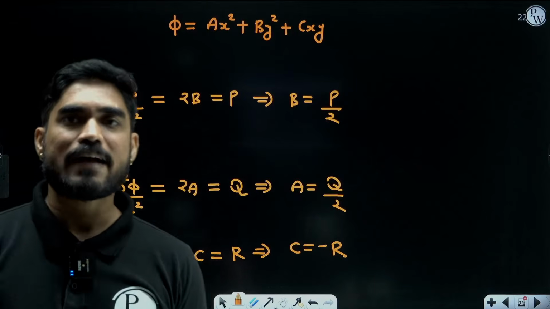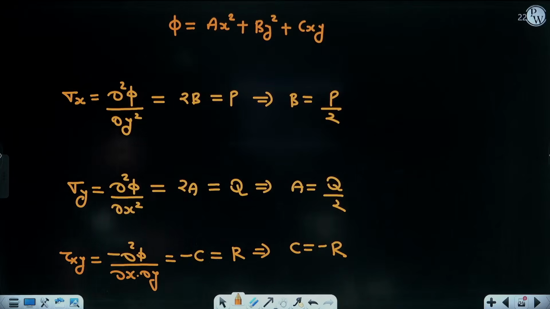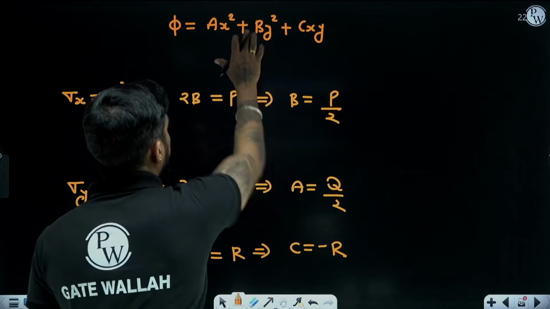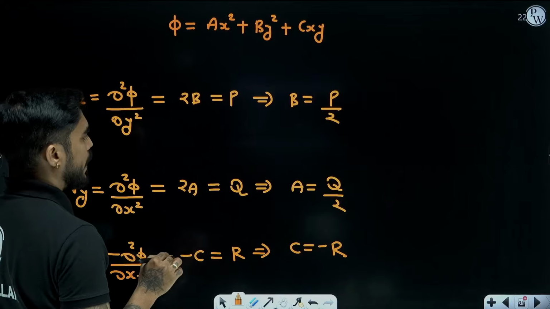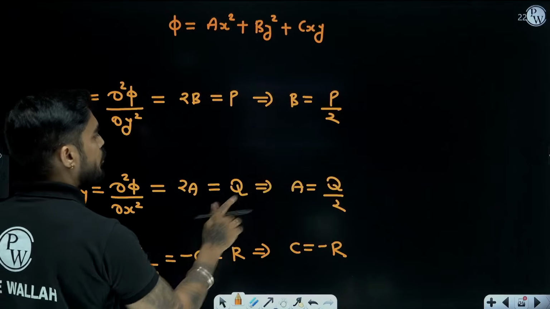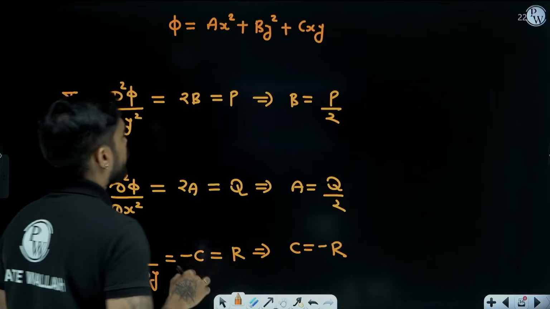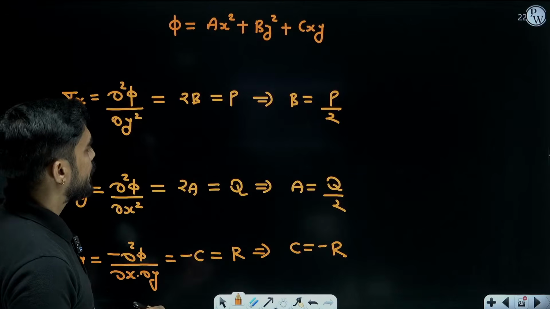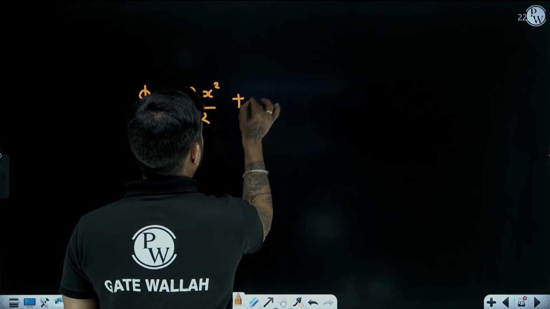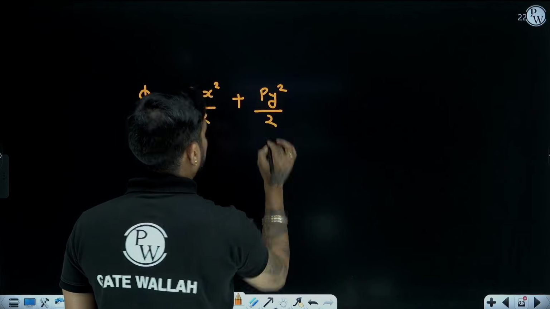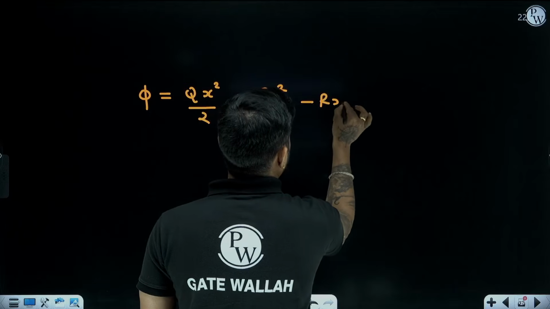So now we have the values of a, b and c. Put the values here. So phi will be equal to ax square and a is q by 2, so qx square by 2. Similarly, b is p by 2, so py square by 2, and cxy, so minus rxy.